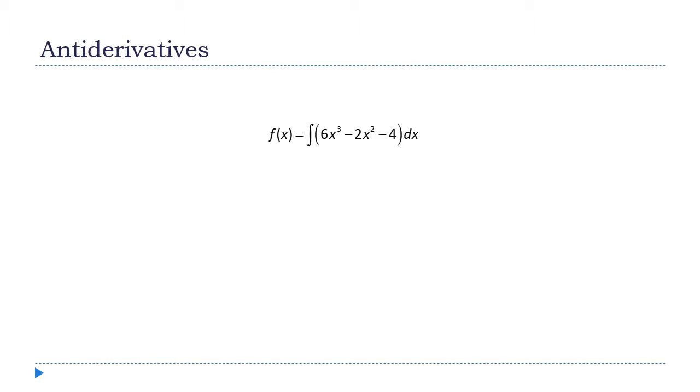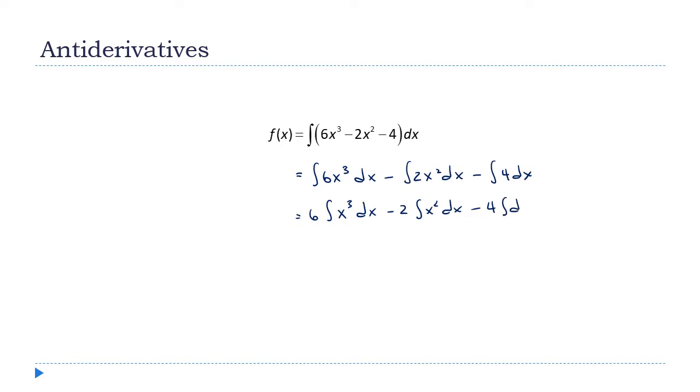First thing I'm going to do is use that second rule and split this up: 6x to the 3rd minus 2x squared minus 4. Now I'm going to use rule number 1 and pull these constants out in front. This is 6 times the integral of x to the 3rd, minus 2 times the integral of x squared, minus 4 times the integral of dx.